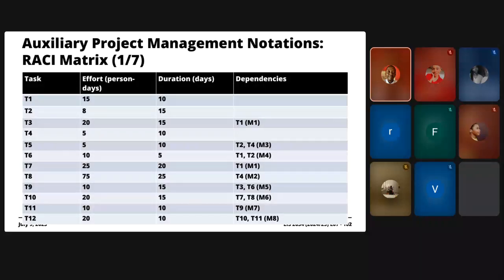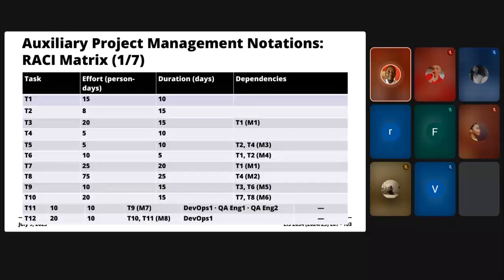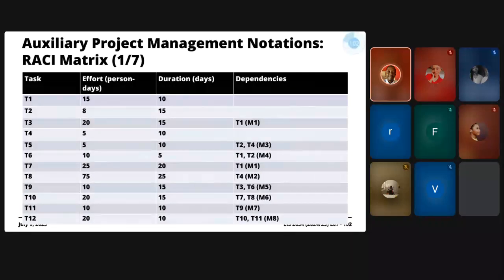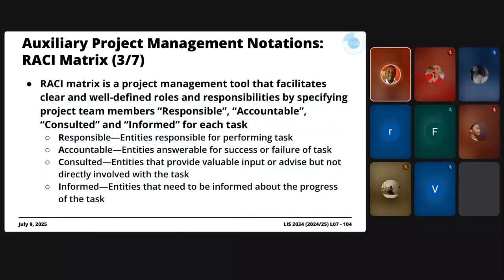So once you decompose your project and identify the smallest units of work, you then have got to specify the resources that you are attaching to each one of those different tasks. Something similar to what you're seeing on this screen, right? Notice a column here called resources, which we've added, and the budget here.